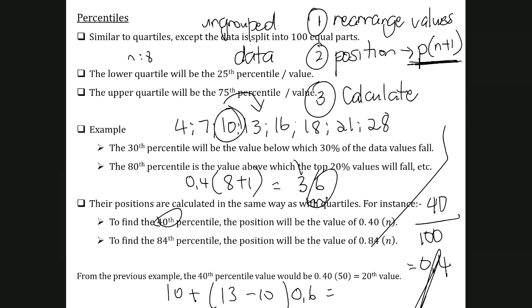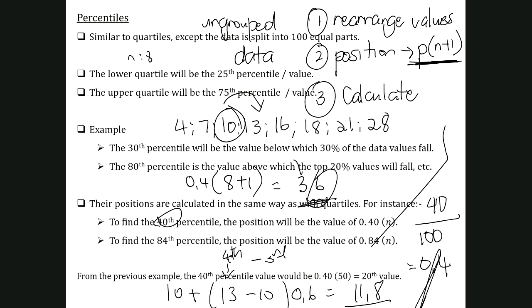So this is the fourth value minus the third value, and then it's multiplied by the decimal that was remaining from the position. So this gives you an answer of, sorry, 11.8.